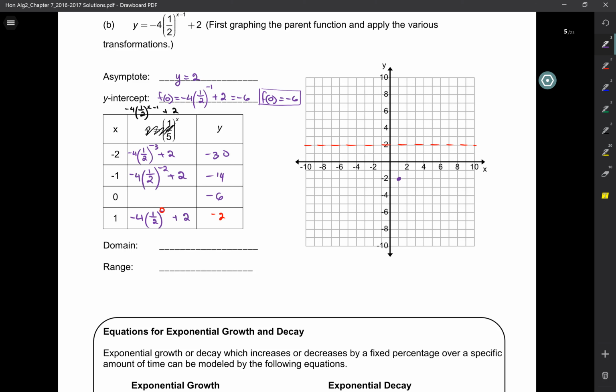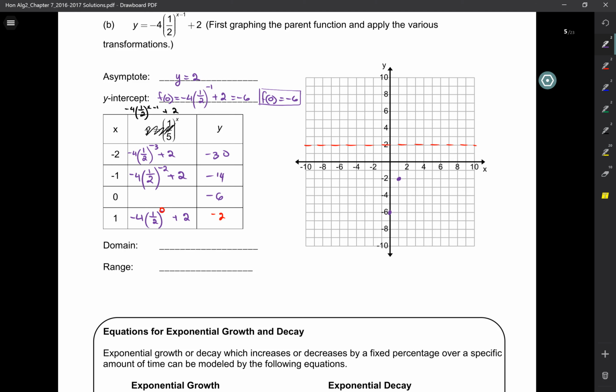When x is 0, y is negative 6. Okay, so look, these two are useless to me because they're too far down. But look, I don't know what's happening here.